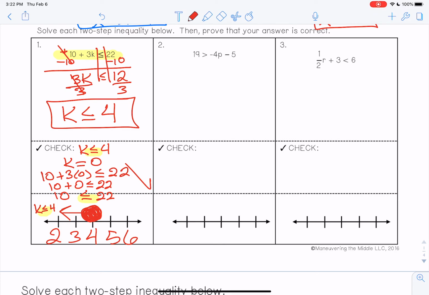All right, welcome back. So for 2, draw the river, add 5 to both sides, 5's cancel out. We get 24 is greater than -4p, divide by 4, and we get -6 is greater than p.